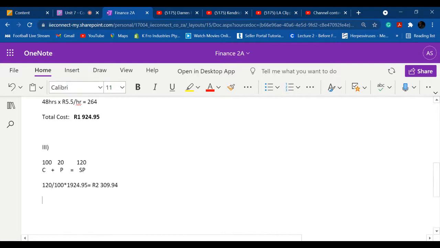So here we can quickly just do 5,000 times 0.025.